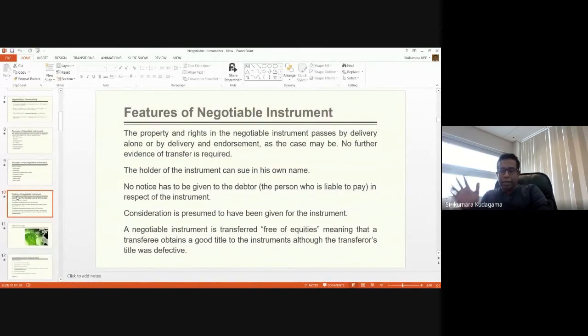We'll again explain what it means. No notice has to be given to the debtor, the person who is liable to pay in respect of the instrument. In suing based on this kind of instrument, you need not give notice to the person who drew it, the person who has really initially drawn it, or even to the person who will be liable to pay.